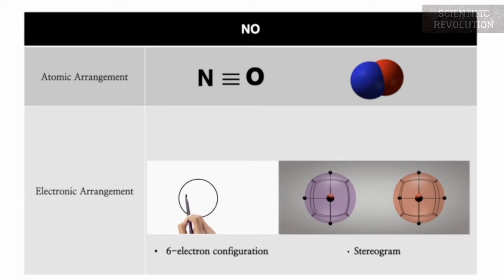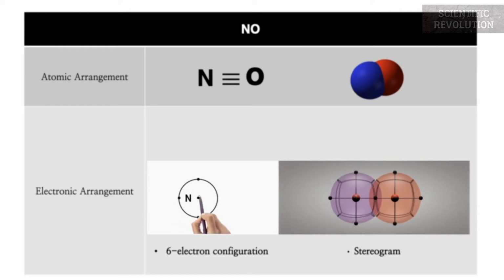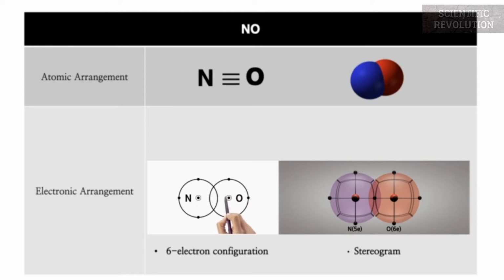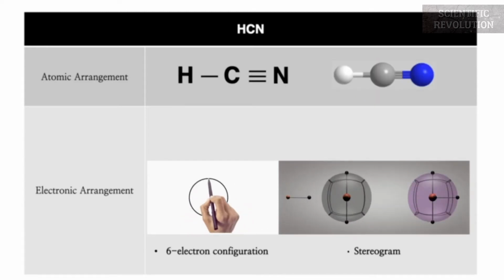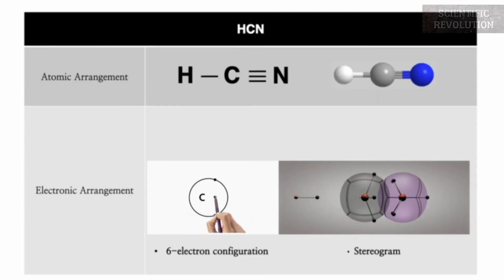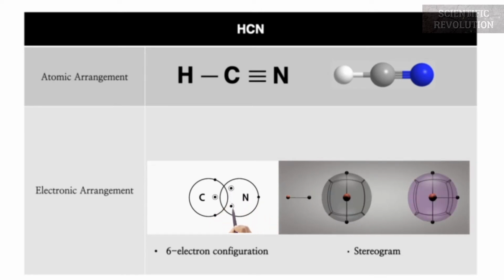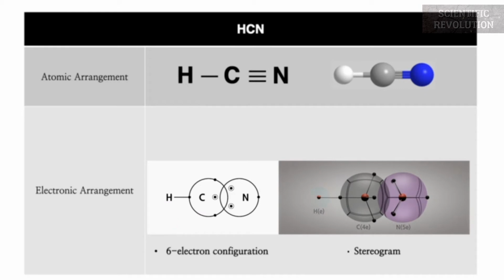NO. HCN. In this way, each atomic nucleus is surrounded by 6 electrons and becomes stable.